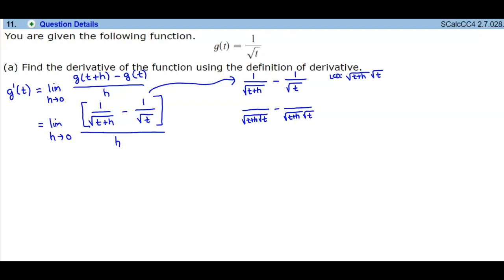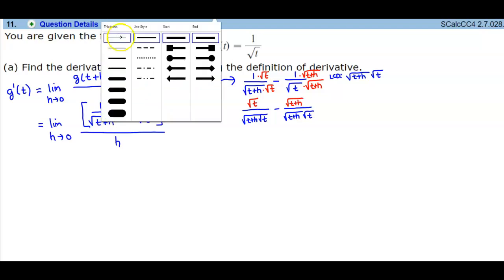So what that tells us is, what do we need to multiply by the first fraction to get the new denominator? We have to multiply this by the square root of t, so we have the square root of t in the numerator. And then we multiply this by the square root of t plus h, so we have the square root of t plus h.